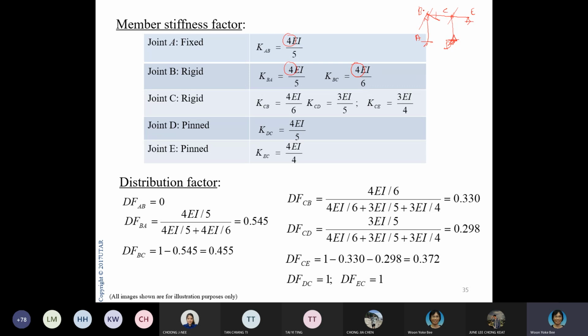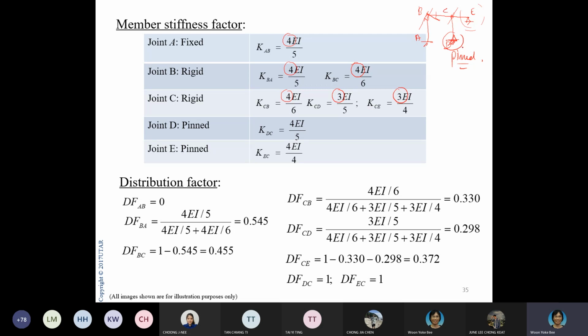Now, if I look at KCB, B is fixed, so that's why I have 4. But if I look at KCD, D is pin. And remember, far end pin, I will use 3. When I look at KCE, E is pin. So again, I use 3. Okay, that's how you establish your member stiffness here.